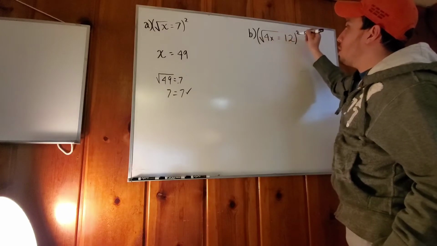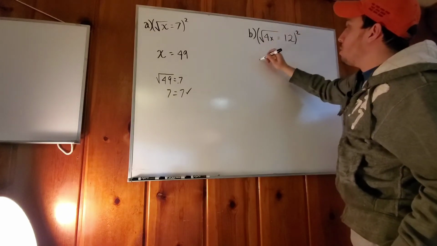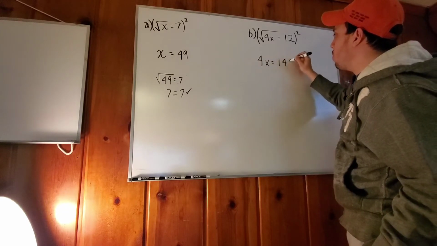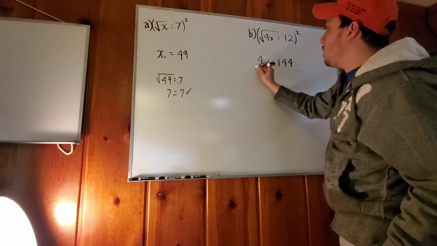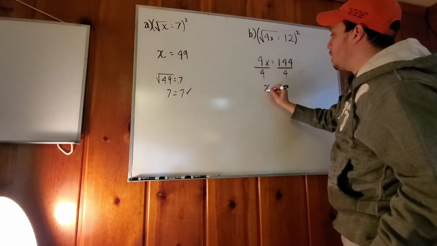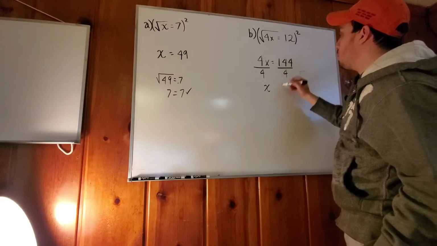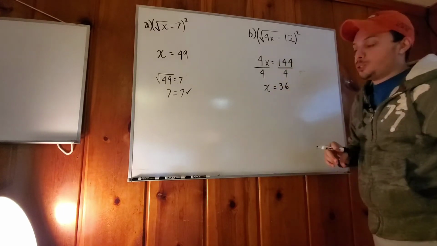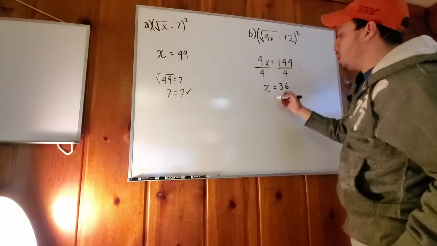Square root of 4x equals 12. And so it's going to be 4x equals 144. And then we're going to divide that by 4. So x is going to be 36, right? And so again, we're going to put that right there.